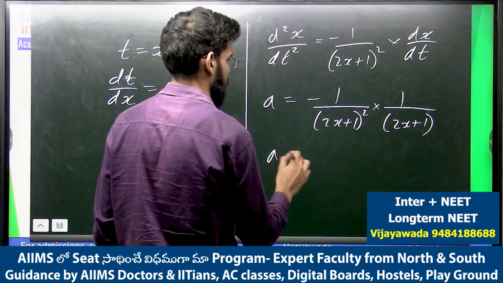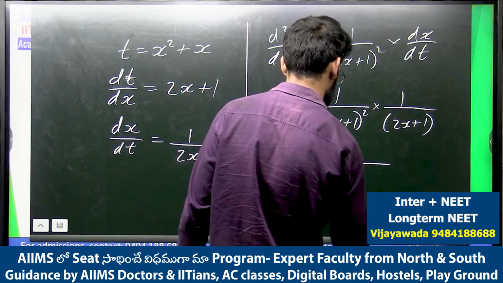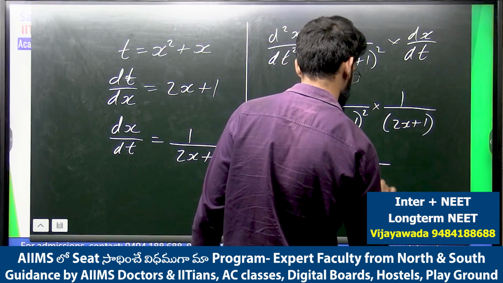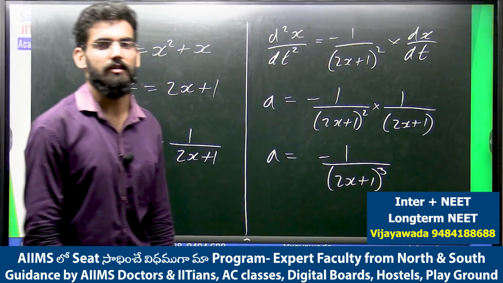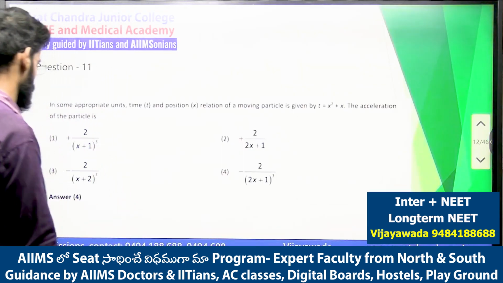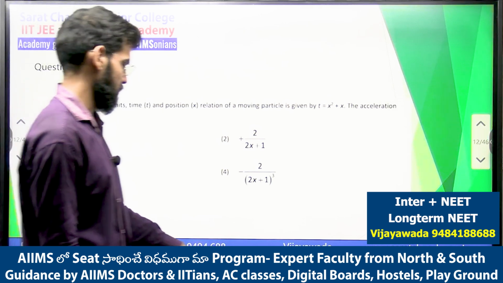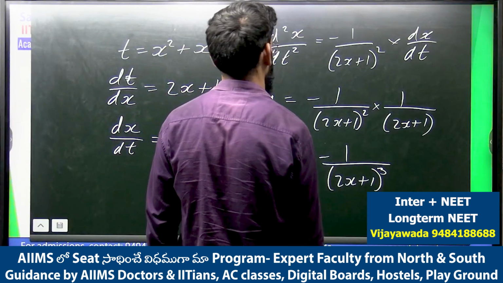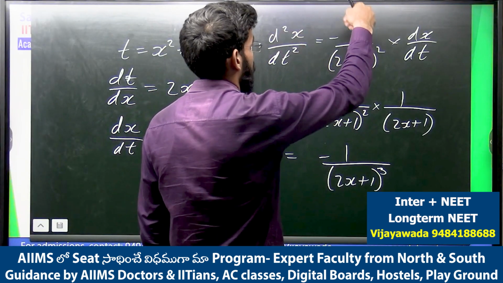So the acceleration is minus 2 by 2x plus 1 whole cube. That's your acceleration. Answer, fourth option. Sorry, I made a mistake; here a 2 will come.